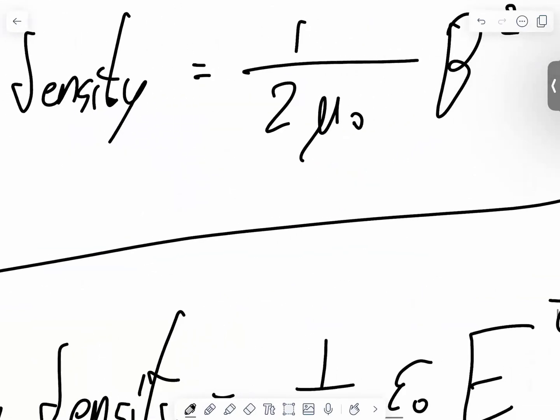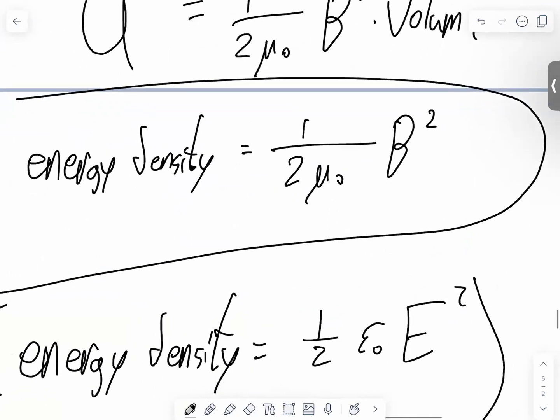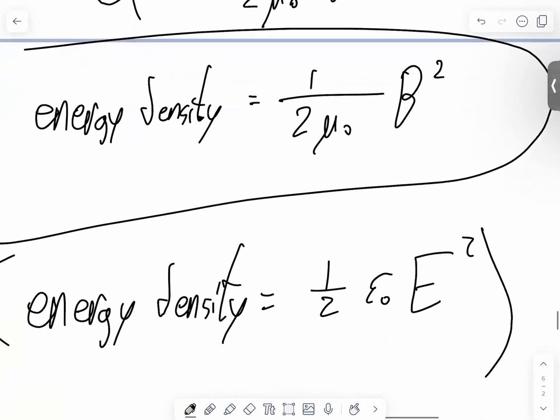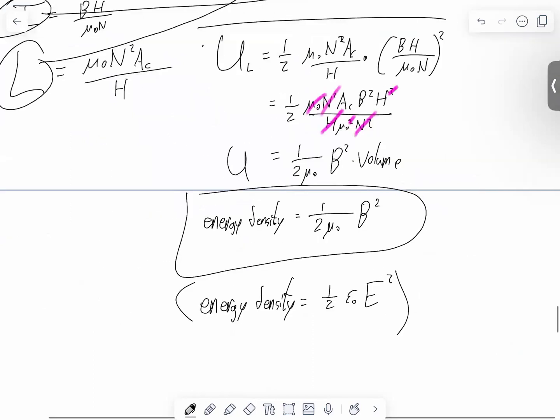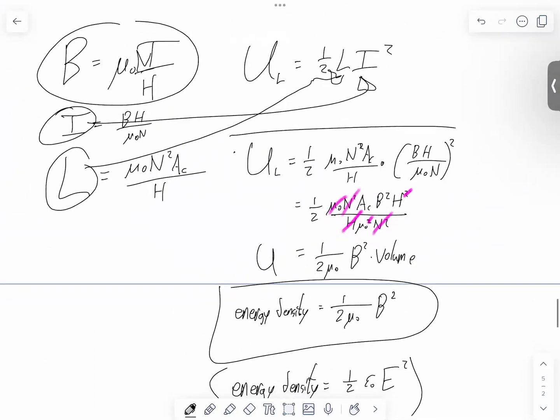Well, they're talking about the same thing. How much energy is stored in an E field? How much energy is stored in a B field? And we deduce that they're very similar relationships. We're going to use this. I don't think this is actually on this week's homework, but we're going to use this next week to deduce something super important about electromagnetic waves.